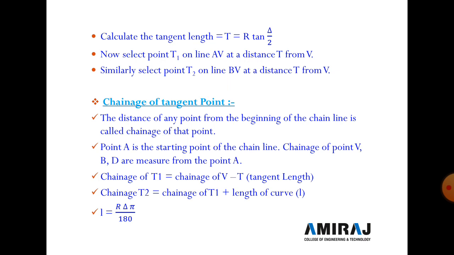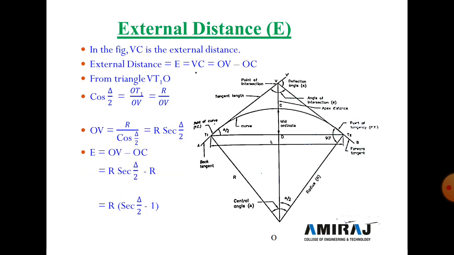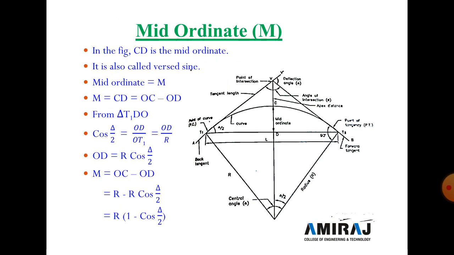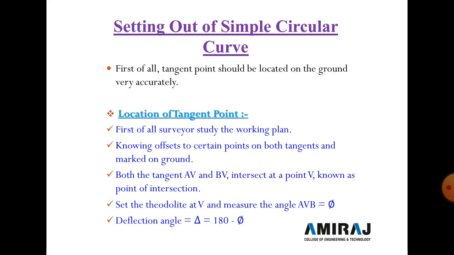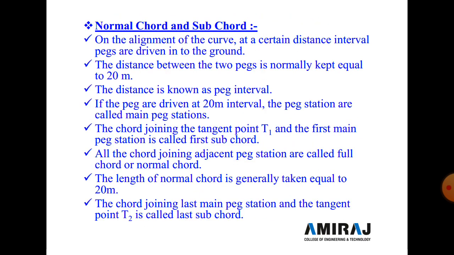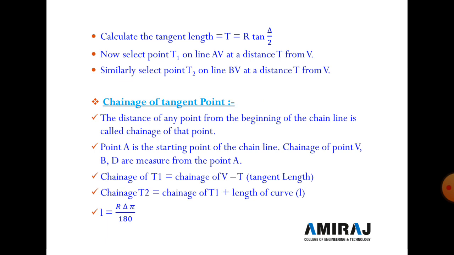Now, chainage of the tangent points. The distance of any point from the beginning of the chain line is known as the chainage of that point. Point A is the starting point of the chain, and the chainages of V, B and D are measured from point A. So here the chainages of points A, V and B are marked on the ground.